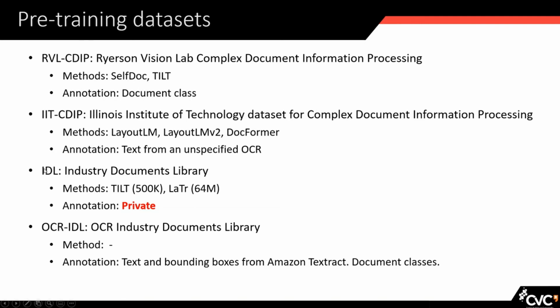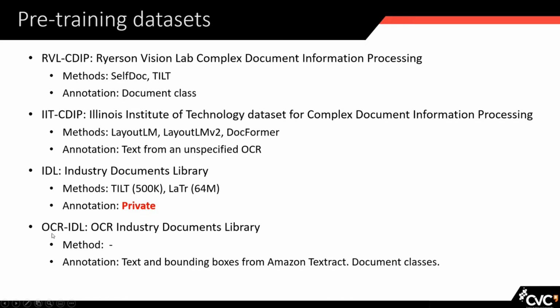Then there is the IDL, which some methods pre-train on. However, the annotations are exactly the same as the IIT-CDIP dataset, but these two methods pre-train on a new extracted OCR, which is quite better.